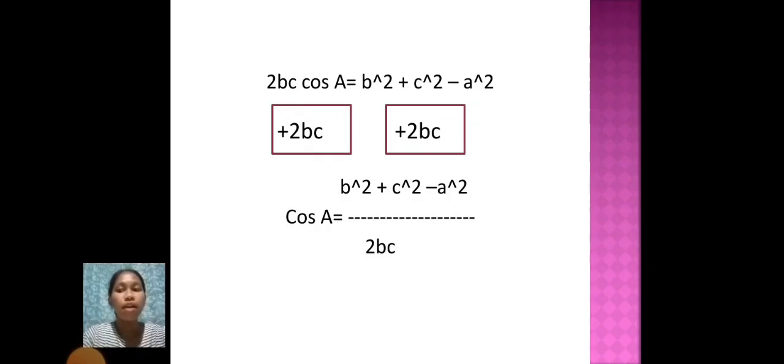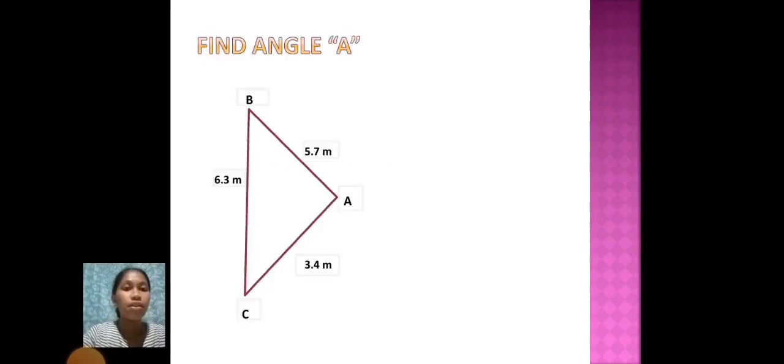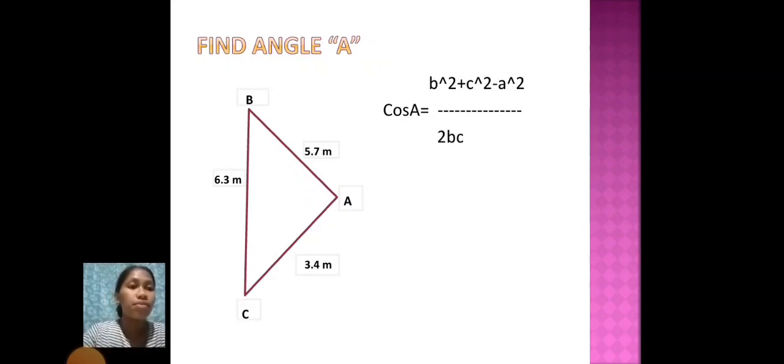So let's take a look at how we use this version of the cosine rule. In the first example, we're being asked to find angle A, so we need to use the cosine rule: cosine A equals b squared plus c squared minus a squared all over 2bc.